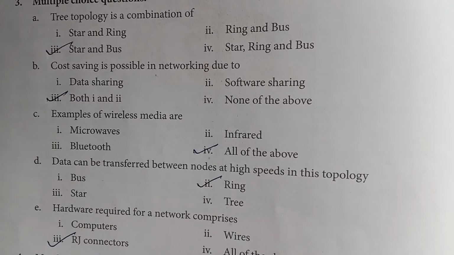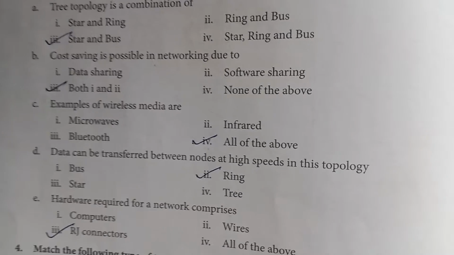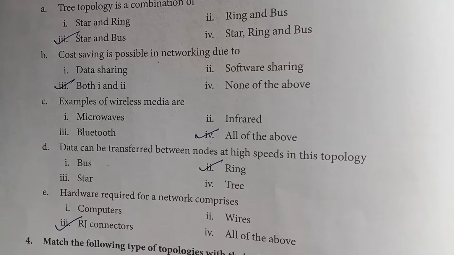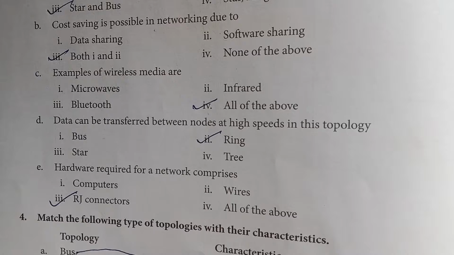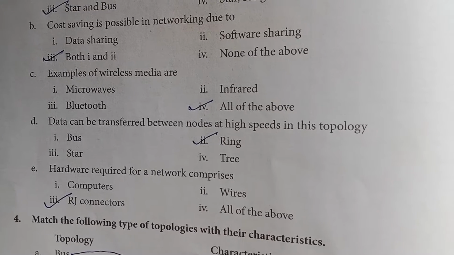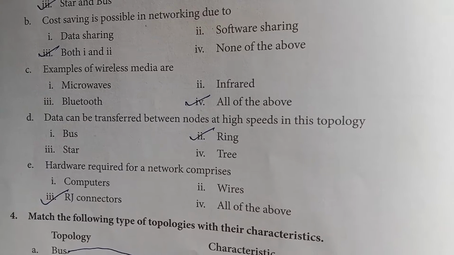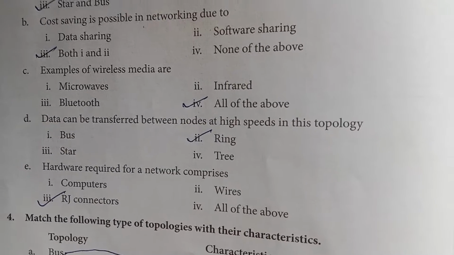The question: tree topology is a combination of star and bus. Cost saving is possible in networking due to data sharing and software sharing. Examples of wireless media: microwaves, infrared, Bluetooth. In all these you have noted that wire is not there.